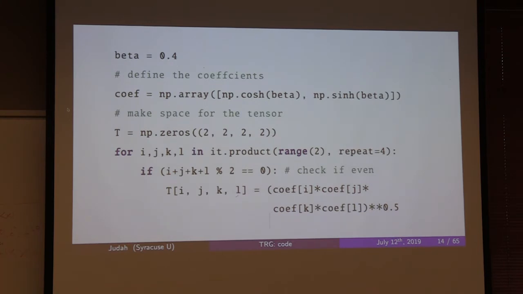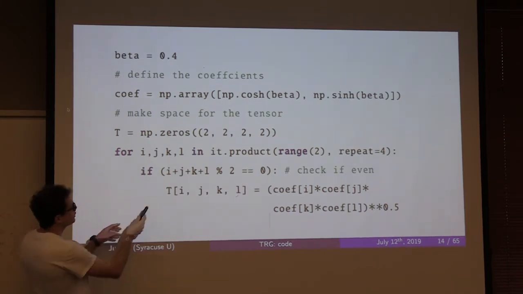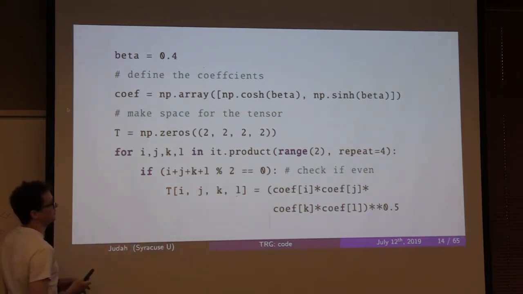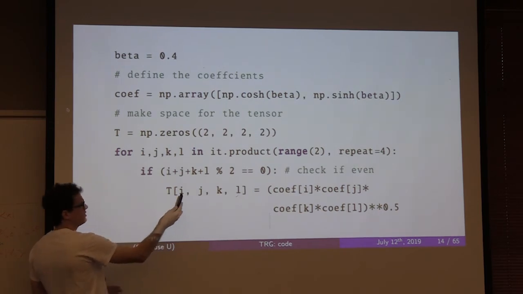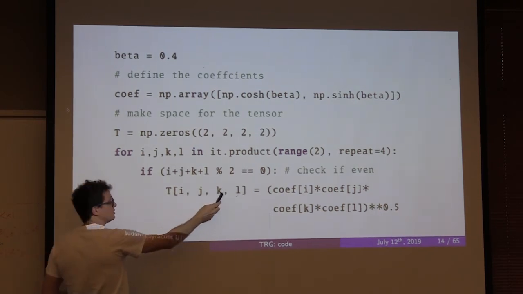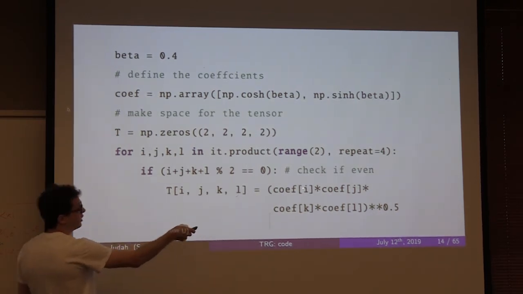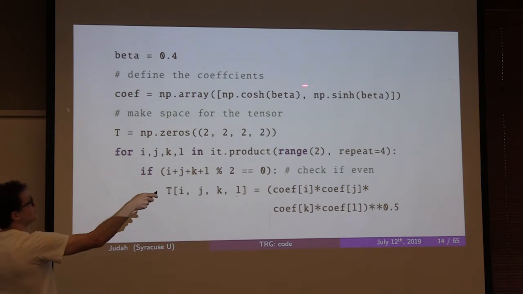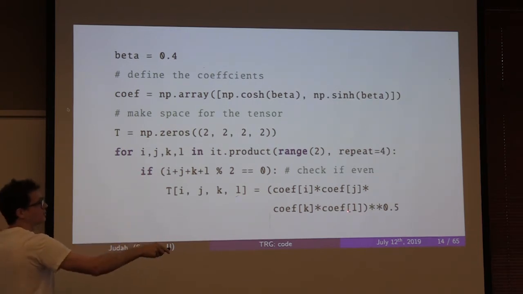So, for instance, if this is 1, 1, 0, 0, it's even. The tensor index is 1, 1, 0, 0, and this calls the first slot, the 0th slot, the 0th slot, and so this calls sinh, sinh, cosh, cosh, all multiplied and then square rooted.